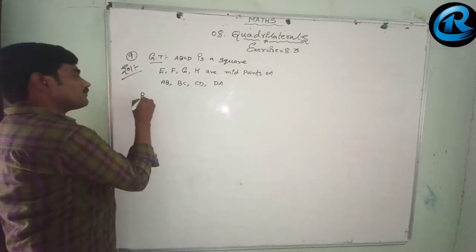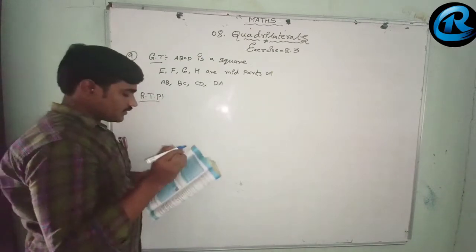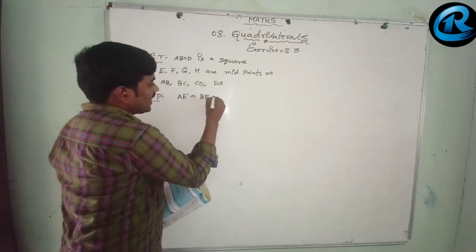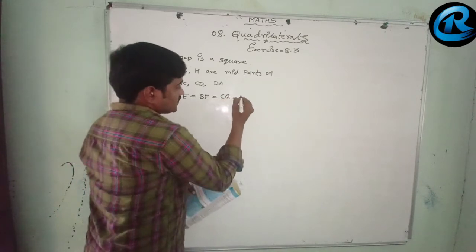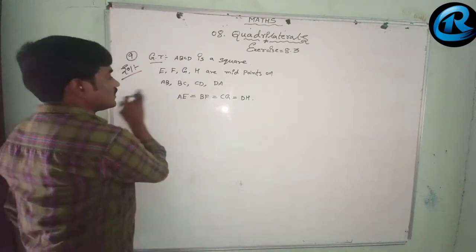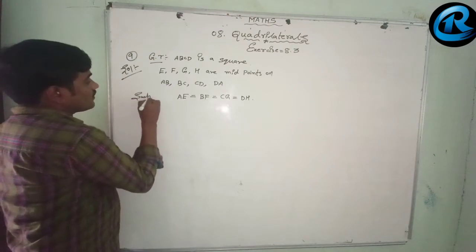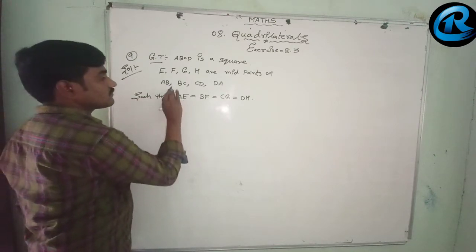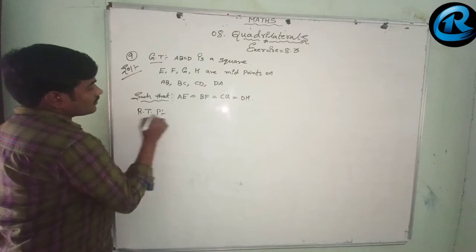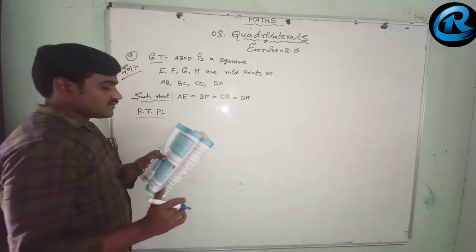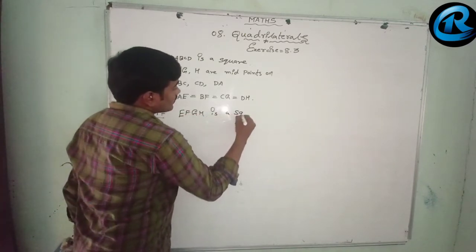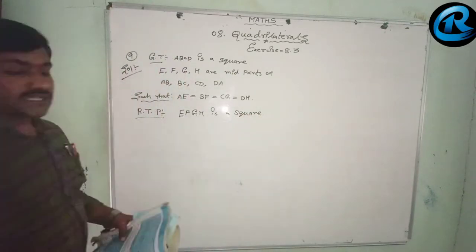Then we need to show that AE is equal to BF is equal to CG is equal to DH, which is also given. RTP: prove that EFGH is a square.